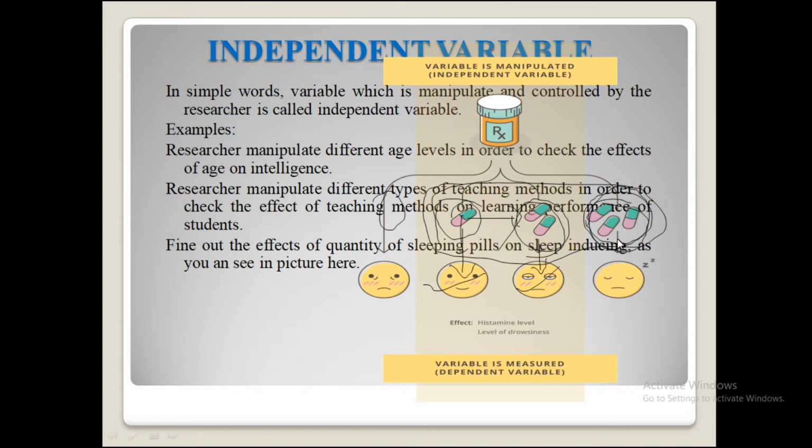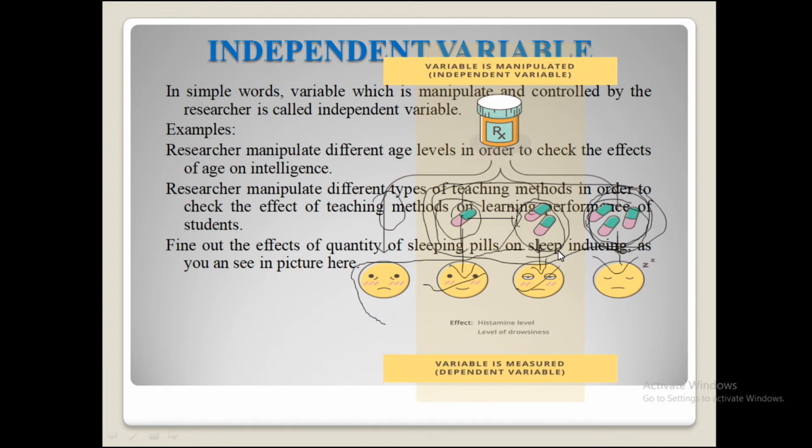He can change it. Then the third is effective. These 3 pills are more effective than 2 pills or 1 or no pill. Because the researcher changed from 1 to 2, 2 to 3. The manipulation of the independent variable is in the control of the researcher's hand.